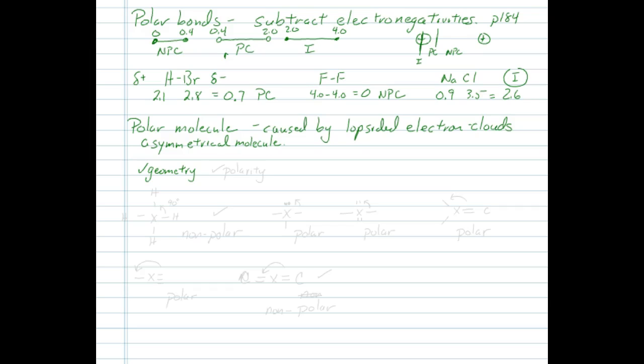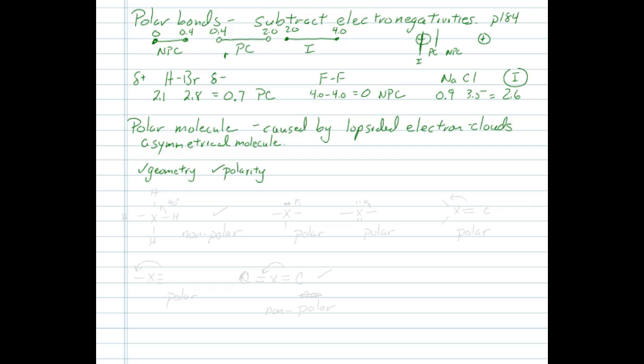And you also got to check the polarity of the bonds. Generally, this means different atoms have different electronegativities. Therefore, if you have 3 atoms of one type and one of the other, that'd be asymmetrical too.